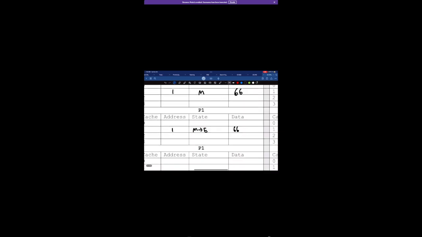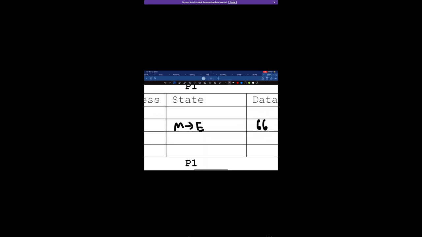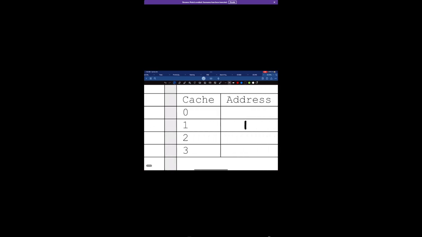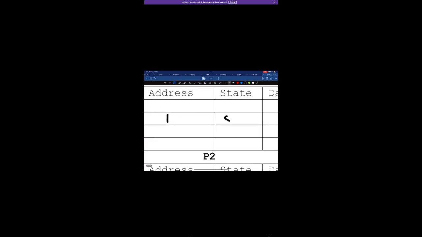And then we have to put address 1 into here. So we find a spot for address 1. That would be 1 mod 4, so that'd be 1. So it's going to go right here. And since this was exclusive, once it gets into here, we can just share it. So it goes from shared.